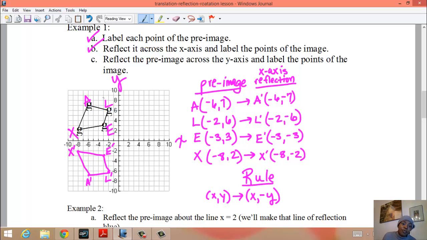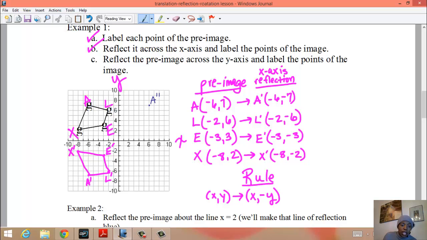For example, point A is 6 units away from the y-axis. So I must count 6 units in the other direction, making sure that I'm on the exact same line as point A. My A double prime will be located here, 6 units away from the line of reflection.